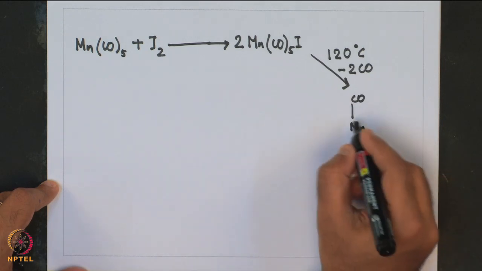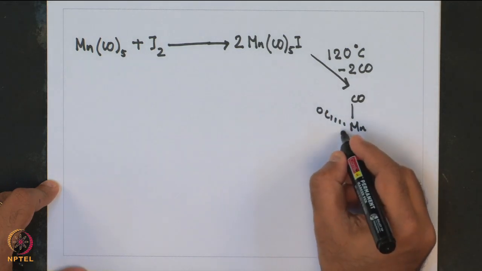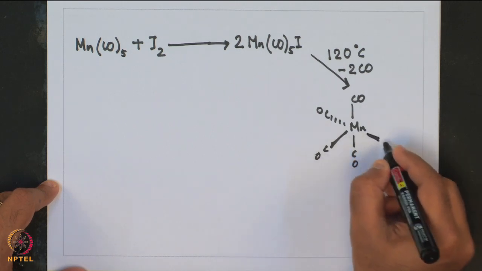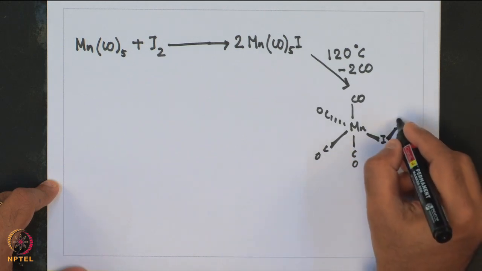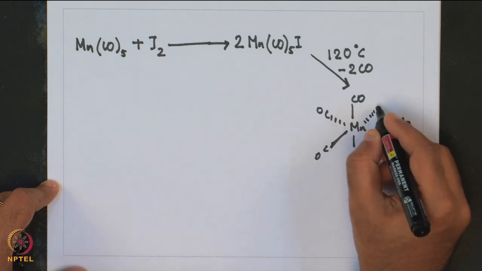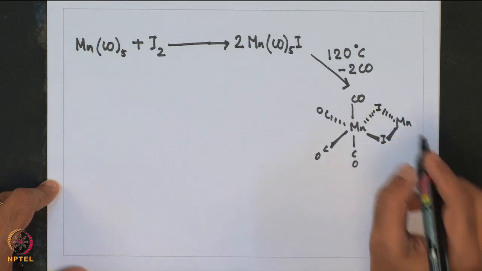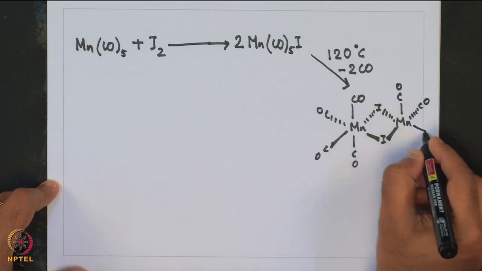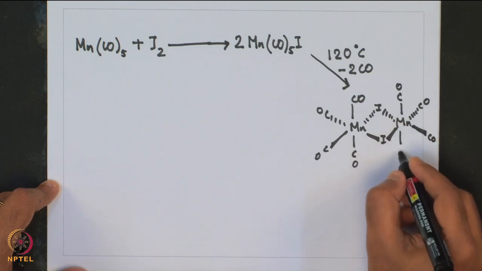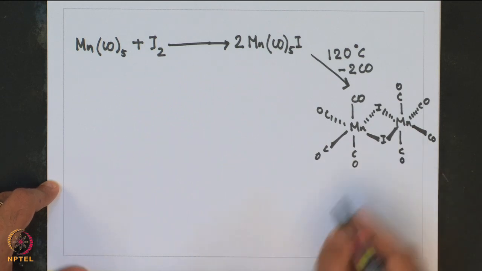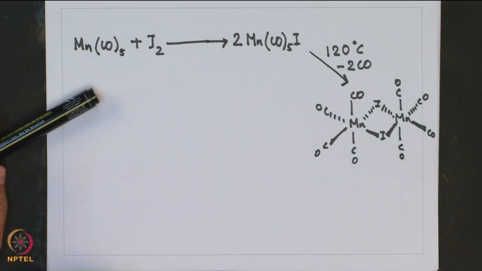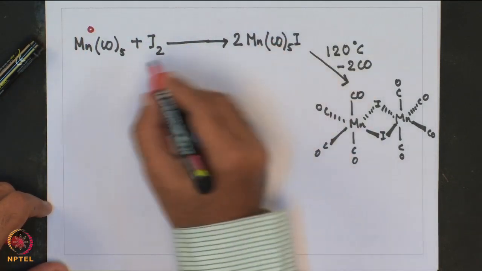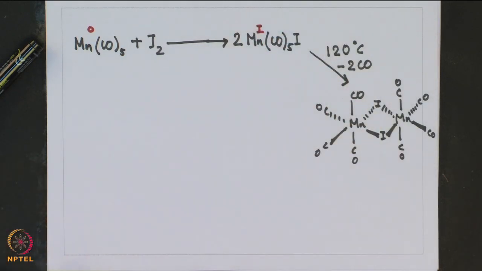the dimeric [Mn(CO)4I]2 complex. So, here what we see is that iodine has oxidized this dimeric manganese carbonyl compound, and each of the manganese centers got oxidized by 1 unit.